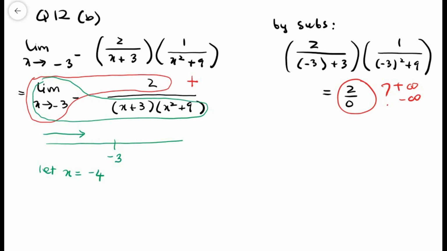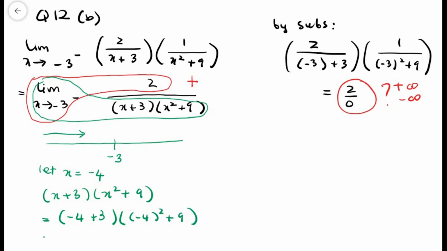I just need to substitute into the function of the denominator: (x plus 3)(x squared plus 9), so negative 4 plus 3, times negative 4 squared plus 9. When I press the calculator, I get negative 25. So for the bottom part, I get negative. So positive divided by negative, of course I get negative infinity as the final answer.